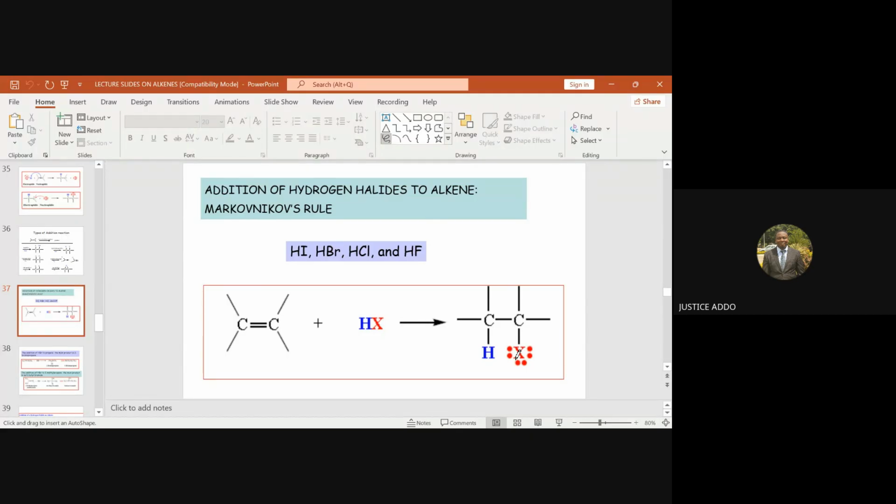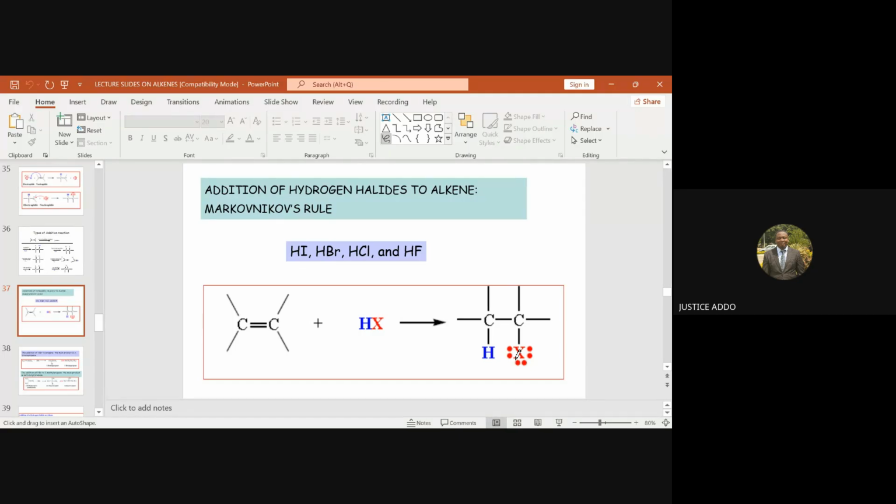In a symmetrical system, this is straightforward and not challenging at all. But in an asymmetric system, that's where Markovnikov's rule comes in. Where should the hydrogen go? Where should the halogen go? And the rule says that the hydrogen should go to the carbon with more hydrogen, and then the halogen goes to the other carbon.